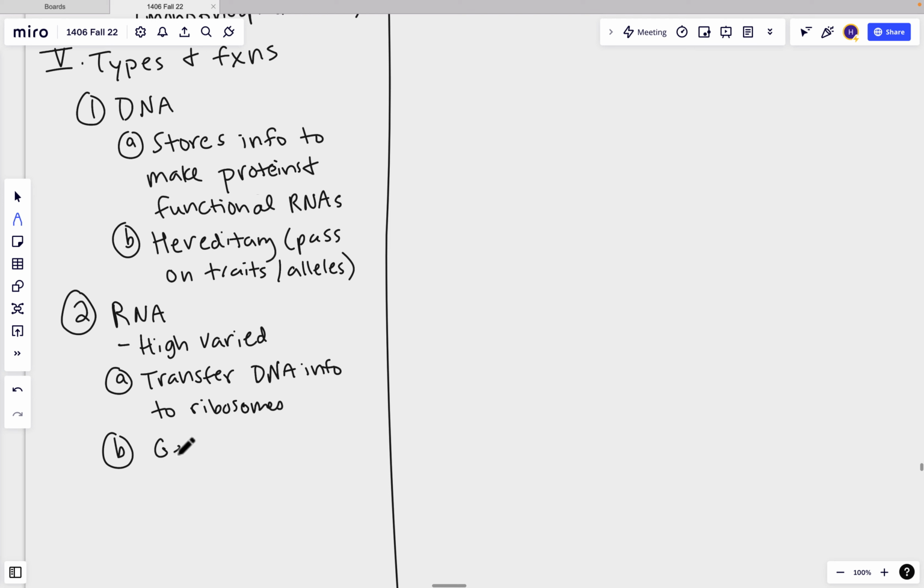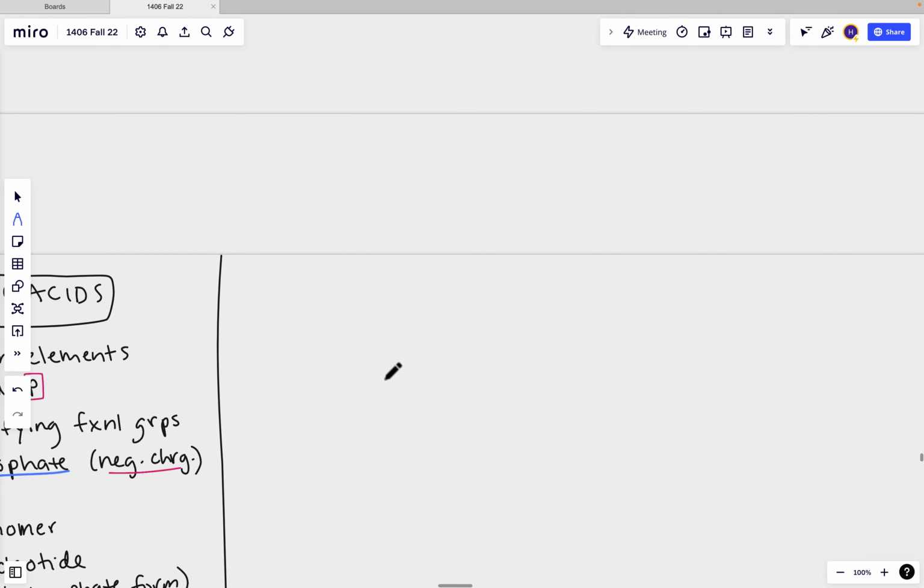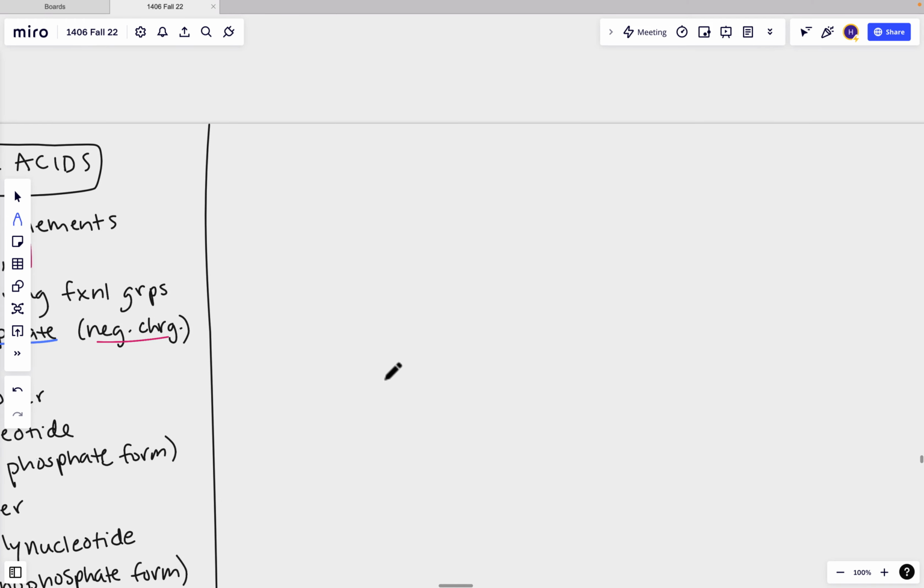We also have RNAs that control gene expression. Basically, they can help turn off or on genes, like microRNAs, siRNAs. There are other RNA types as well, which we'll learn about throughout the semester.